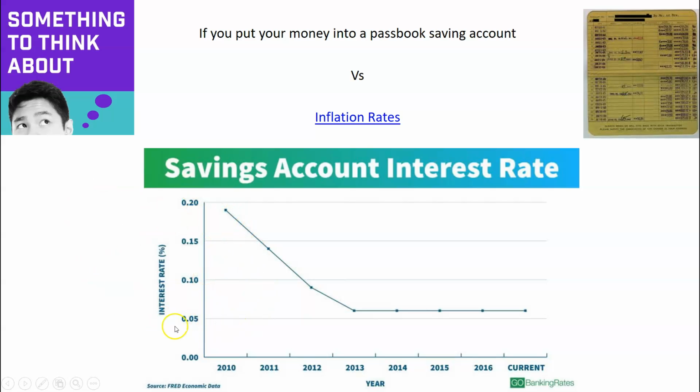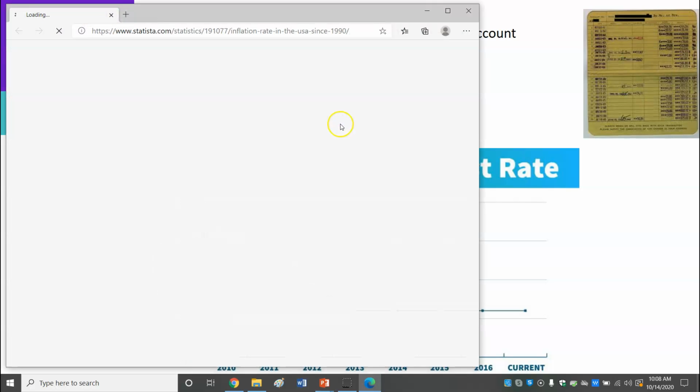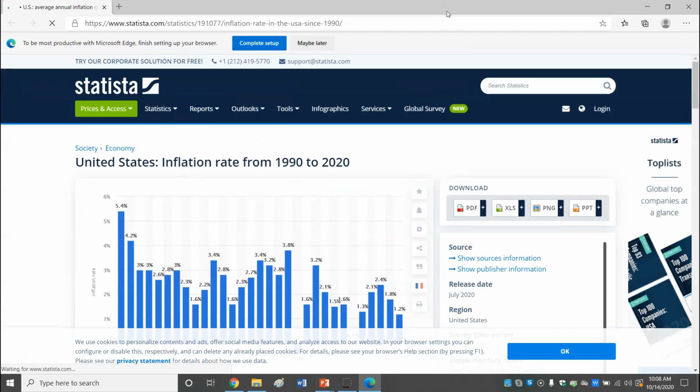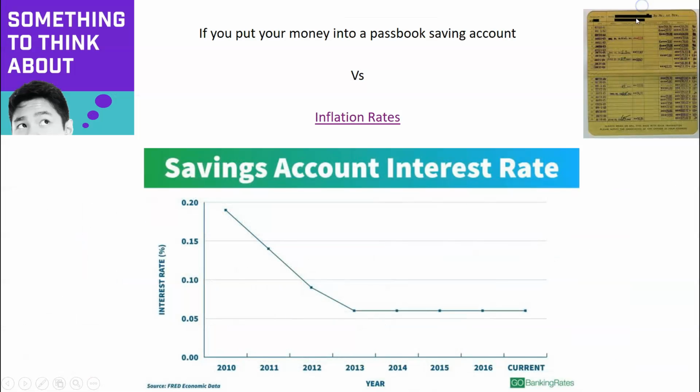You're getting nothing for your money, really, when you put it in a regular passbook savings account. I want you to compare this with, I'm going to go to a website here, with inflation rates over those years. We've got some historic inflation rates. Remember, just real quick here, let's say 2016, you're making, I don't know, 0.06%.